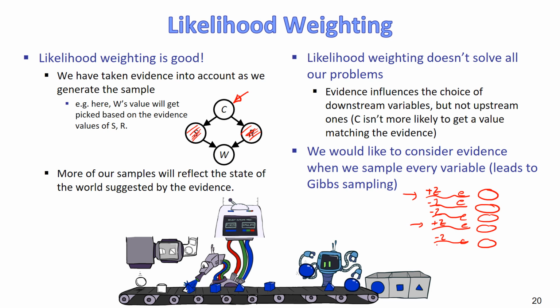But that's using the other 2 methods. Now, because we are using weighted sampling and we fixed the evidence, we need to sum the weights of these 2 samples and divide by the sum of all weights in order to get the probability of plus z given E. So it's not just counting now, it's weighted counting. Every sample, instead of counting it by 1, we count it by its weight. Okay, any questions?